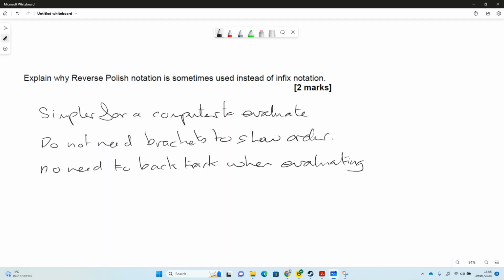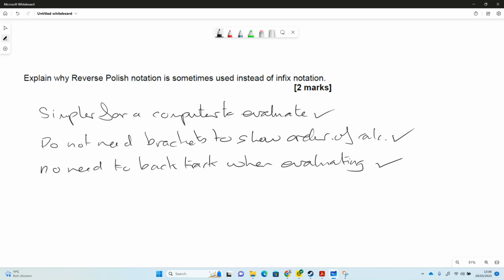We only need two of them. So simpler for a computer to evaluate, we're going to get a mark for that one. No need for brackets to show the order. I suppose we could say the order of the calculation, but even if we didn't, I think we'd still get that. And then no need to backtrack when evaluating. That's another one we get there as well.